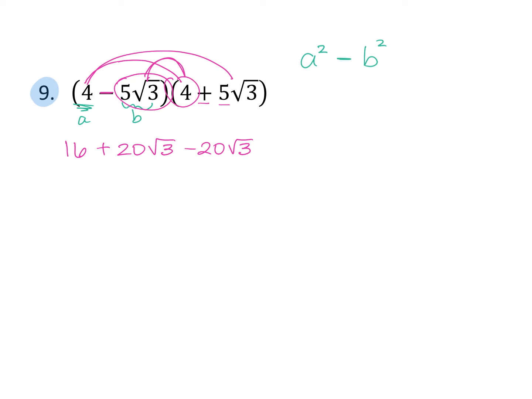And then this last one is the trickiest. So you have negative 5 rad 3 times a positive 5 rad 3, okay? If you multiply those together, negative 5 times 5 is a negative 25. Rad 3 times rad 3 is rad 9, right? What is rad 9? 3, okay?